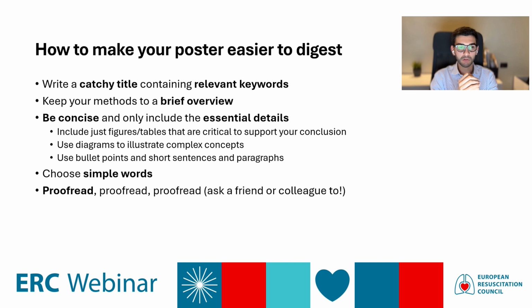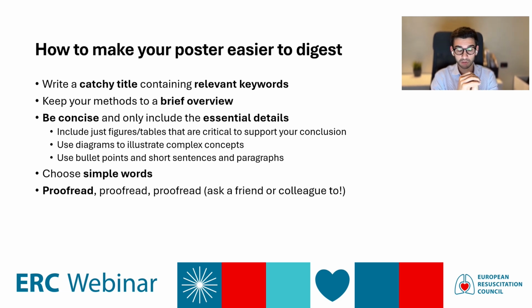And try to be concise. We always try to put a lot of things in a poster, but many times it is better to just include essential details, and essential details that are summarized through figures and tables are better than a lot of text.